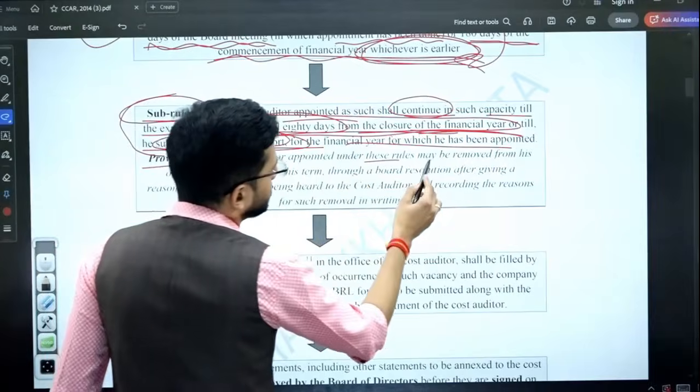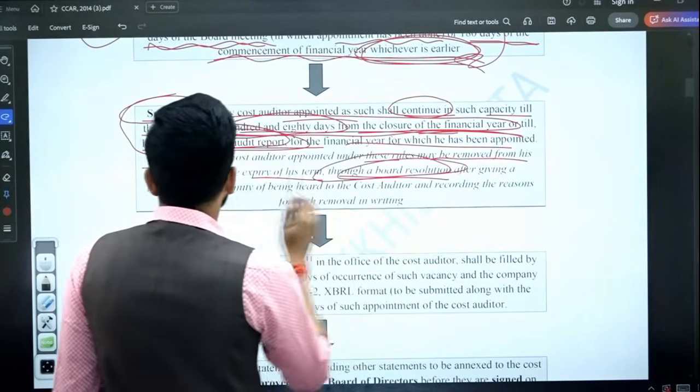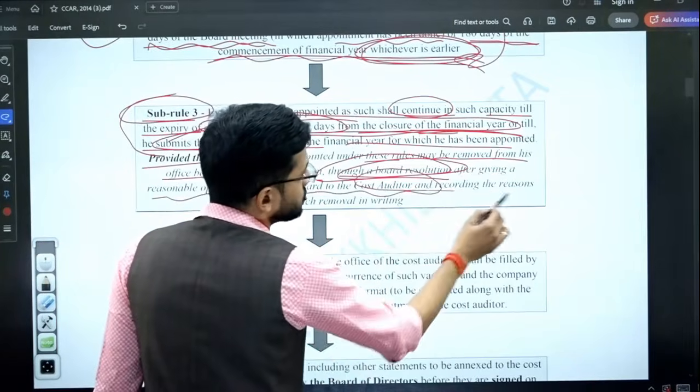Provided that a cost auditor appointed under these rules may be removed from his office before the expiry of his term through board resolution after giving reasonable opportunity of being heard to the cost auditor.